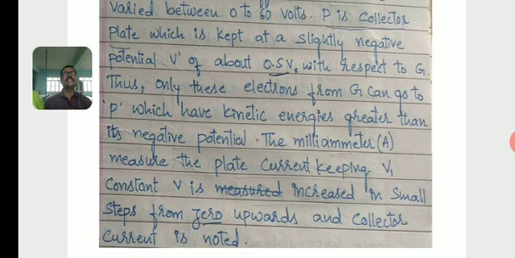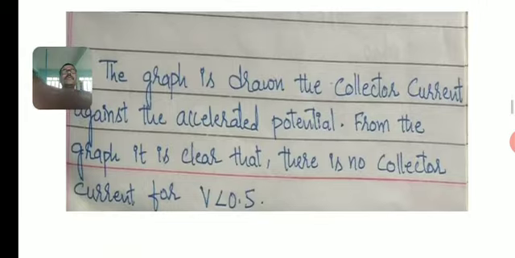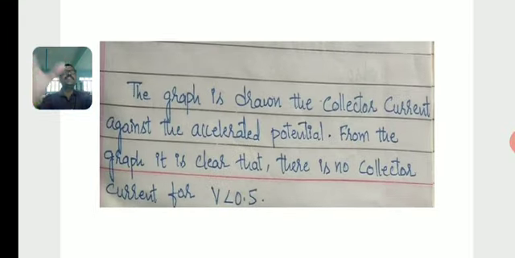V is increased in small steps from 0 upwards, and the collector current is noted. The graph is drawn of the collector current against the accelerating potential.